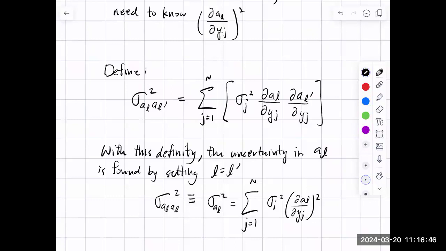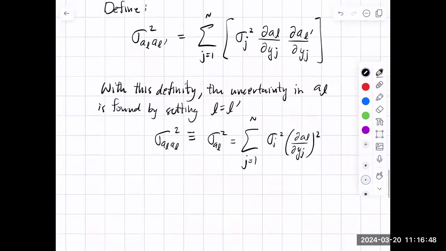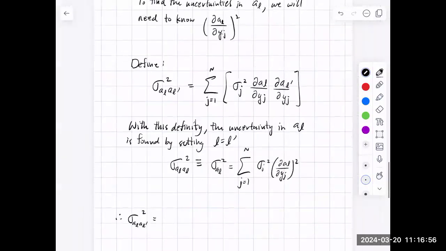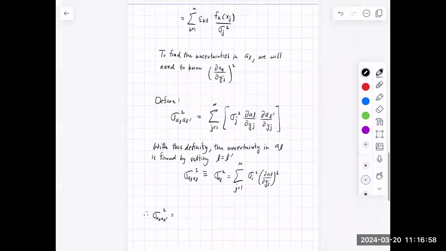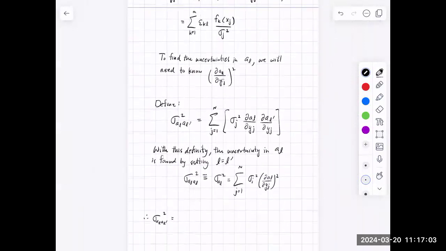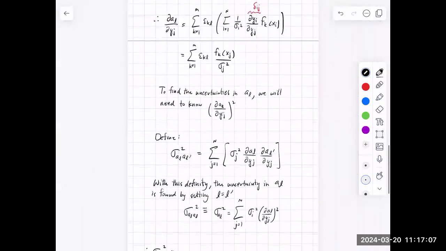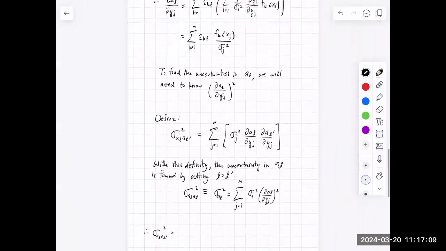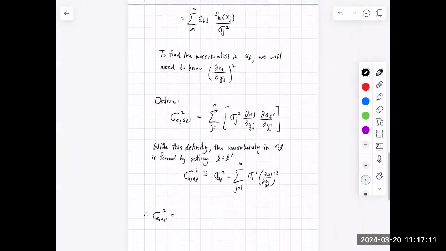All right, so we have sigma AL prime squared equal to... All we're going to do now, and it would be a bit of writing, is take the result at the top of the page, the DAL DYI derivative, and put it in here and here.